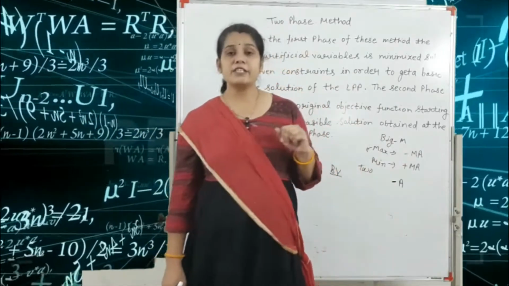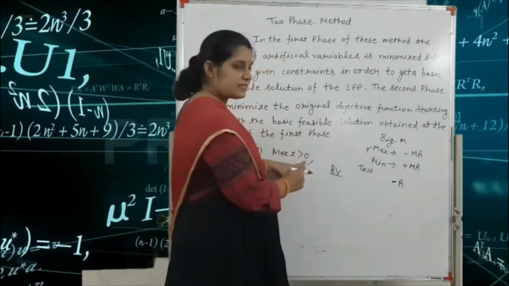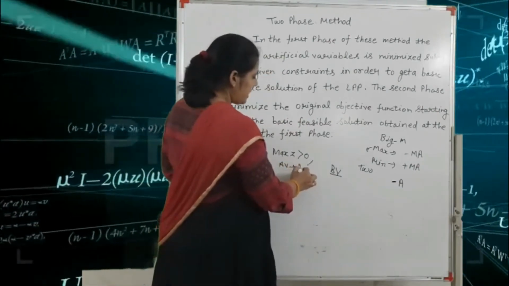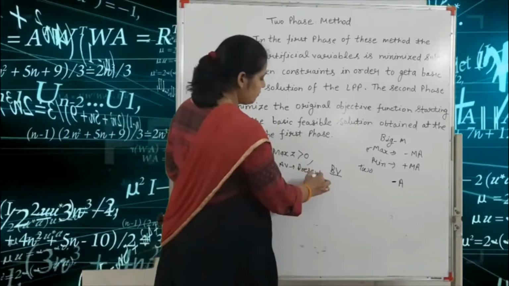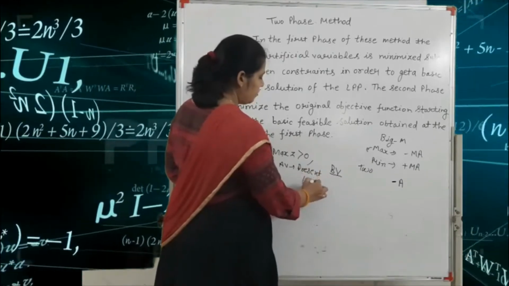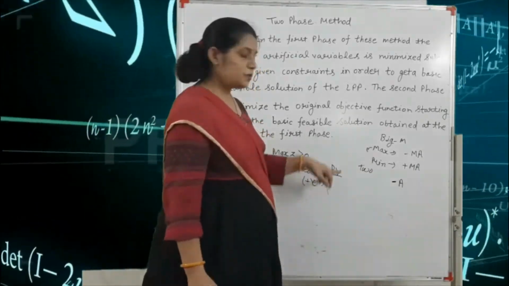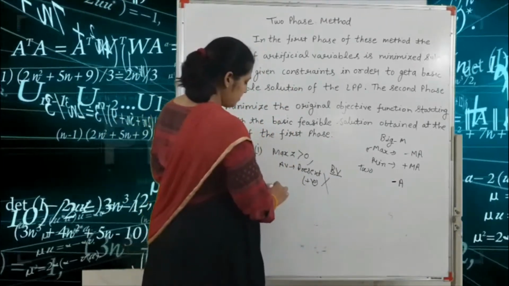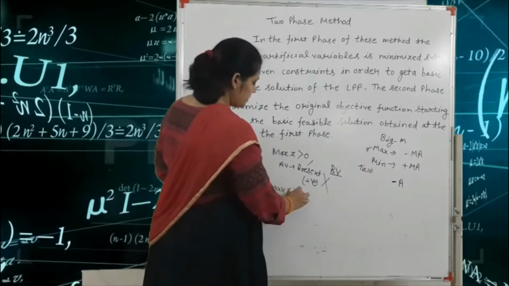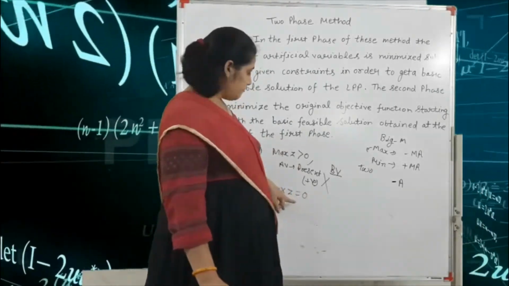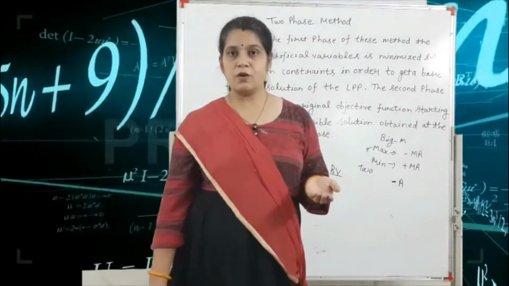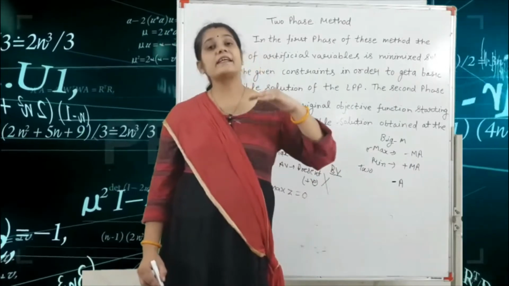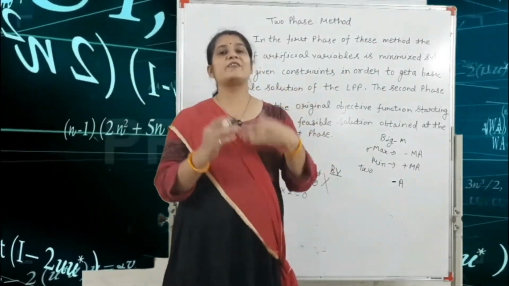Okay. So if maximize Z is greater than 0 and at least one artificial variable is present in the basis with a positive sign, don't move to phase 2. Okay. The second condition is that if maximize Z is equal to 0 and at least one artificial variable is present in the basis with a 0 value.